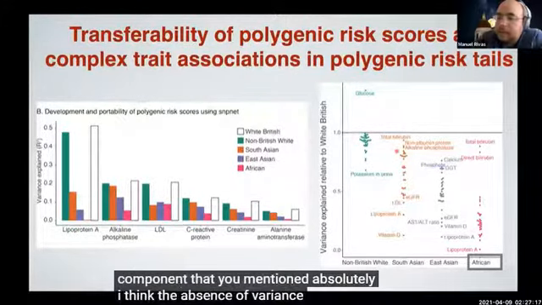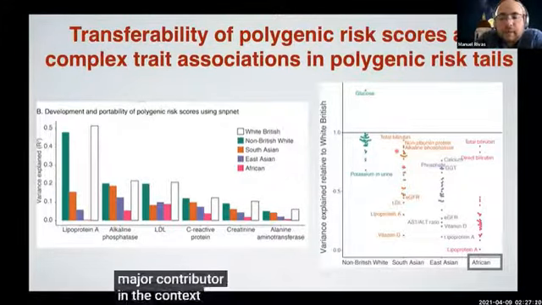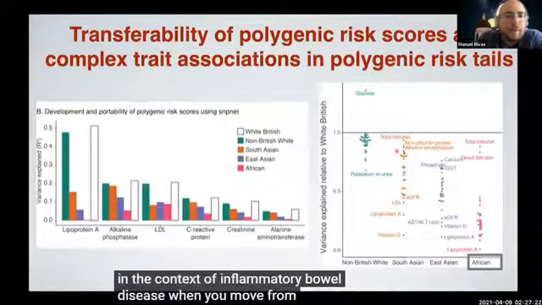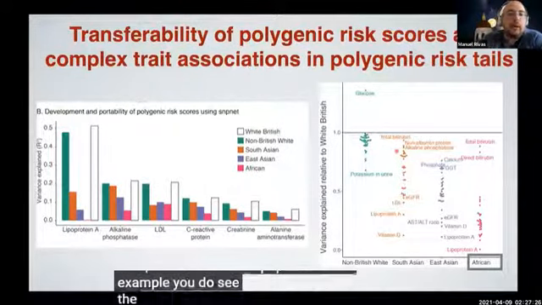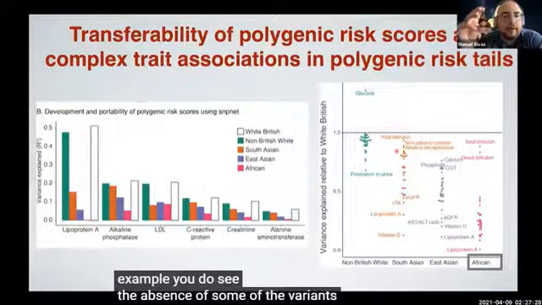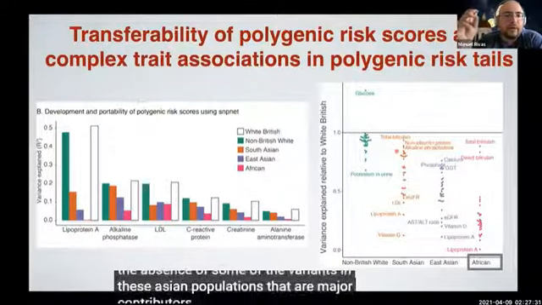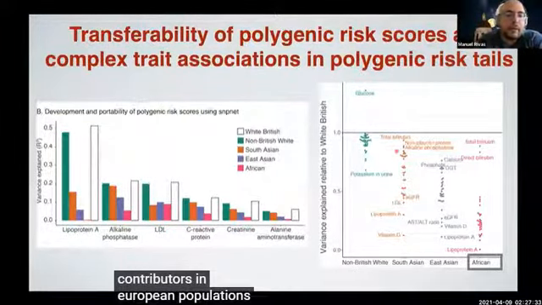Absolutely. I think the absence of variants is a major contributor in the context of inflammatory bowel disease. When you move from European to East Asian population, for example, you do see the absence of some of the variants in the East Asian populations that are major contributors in European populations.